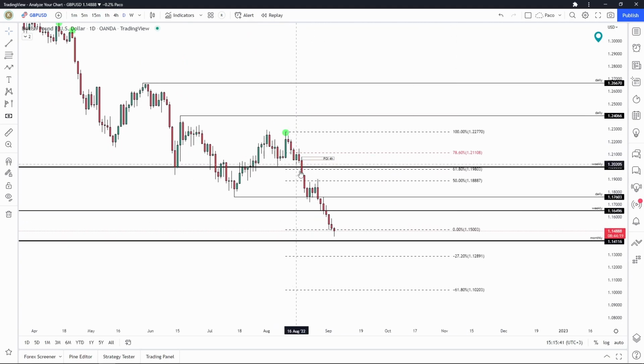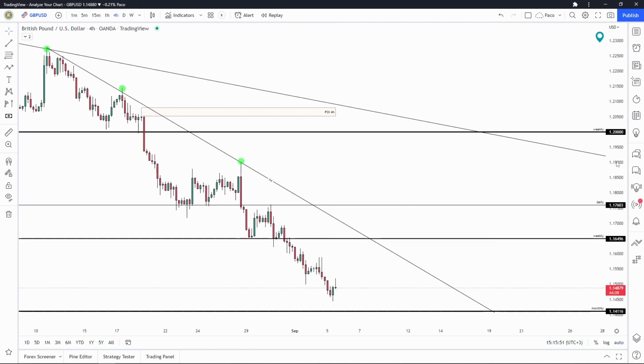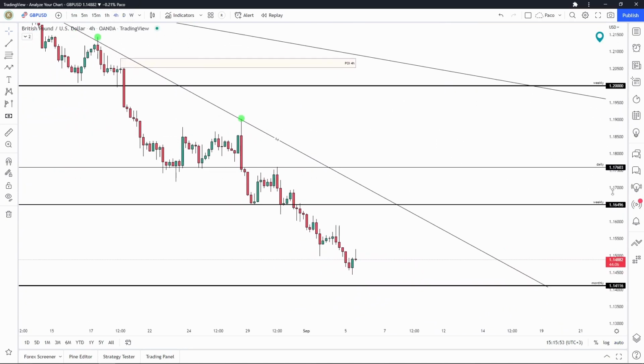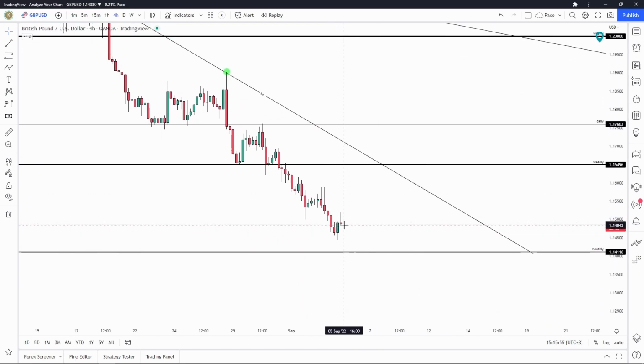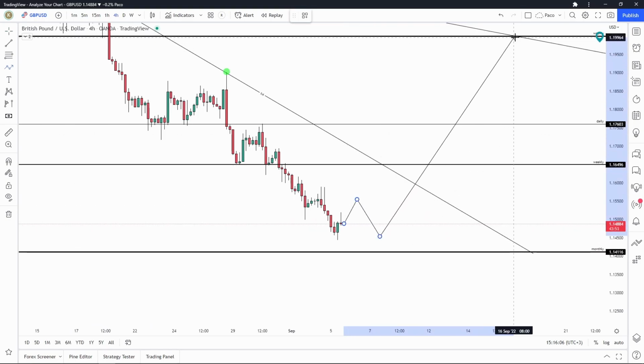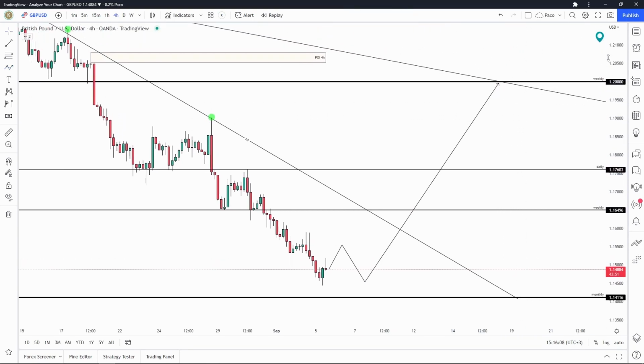And here you can see the clear impulse wave, the small correction, this flag over here, and the new impulse wave. For the coming weeks, we expect the price here to make some trend reversal pattern, probably a double bottom, something like this, and to make a bearish movement, such as the euro dollar.